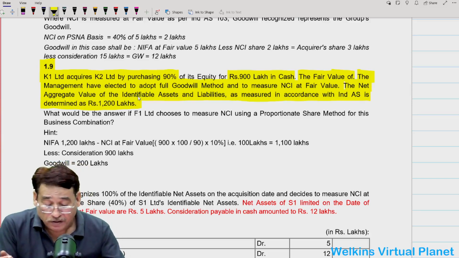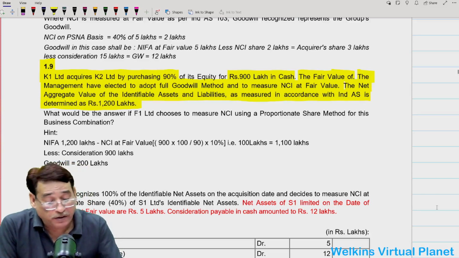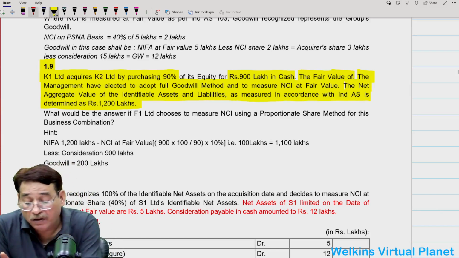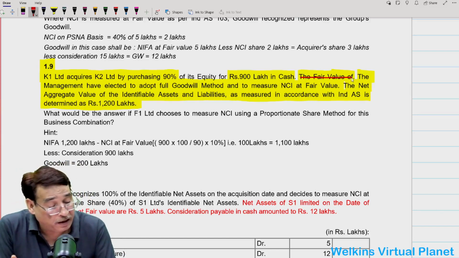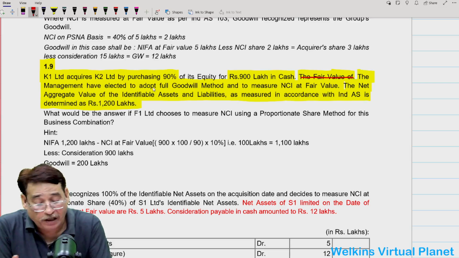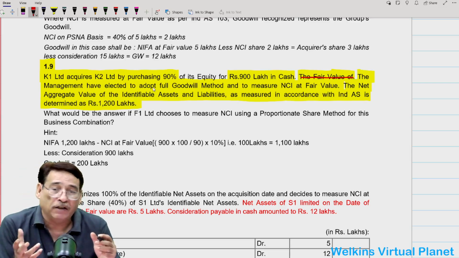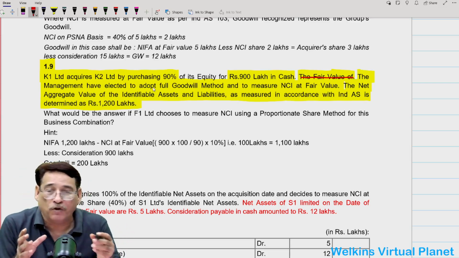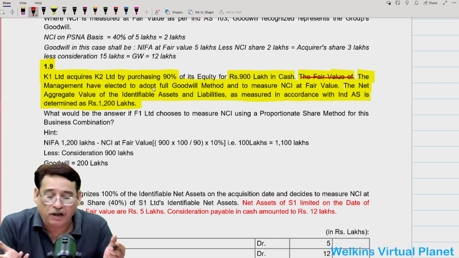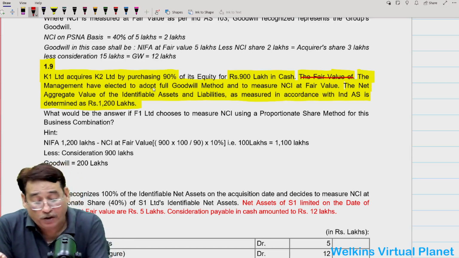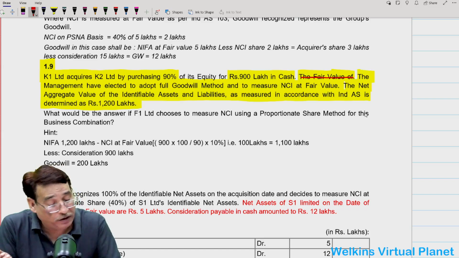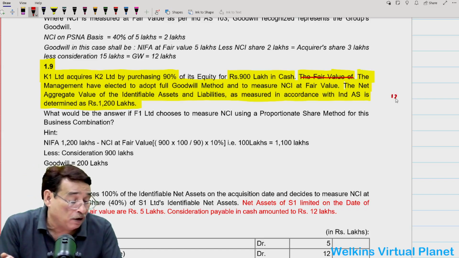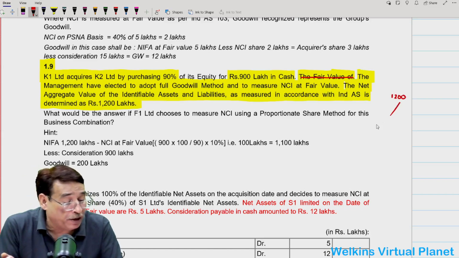Because NCI at fair value is clearly given, actually this particular line is unnecessarily given. The management have elected to adopt the full goodwill method. What does it mean? That means we have decided to value NCI at fair value. That's all. Your net assets is equal to 1,200 lakhs.